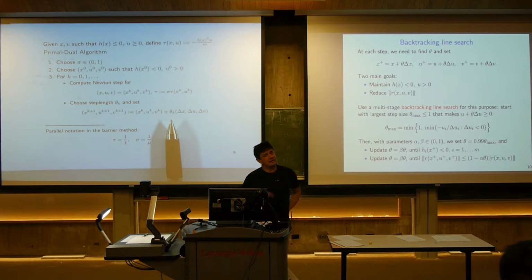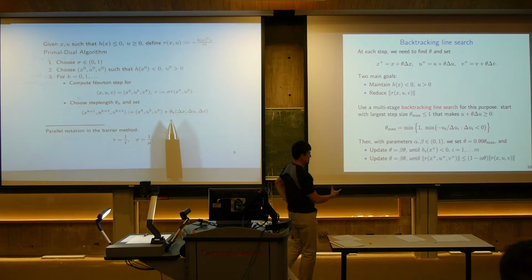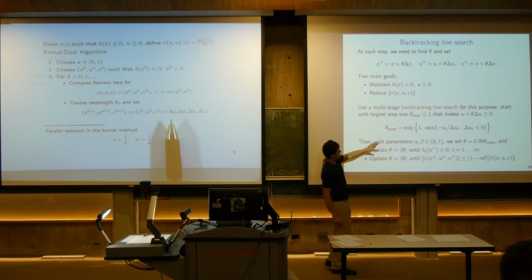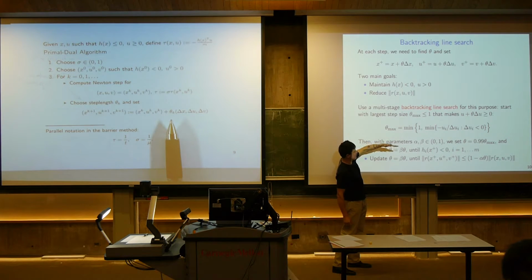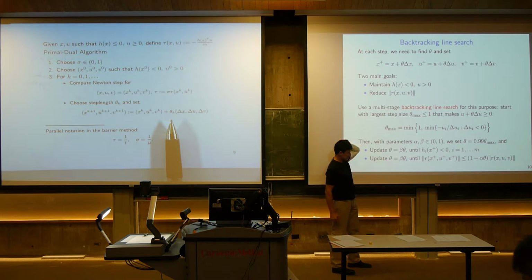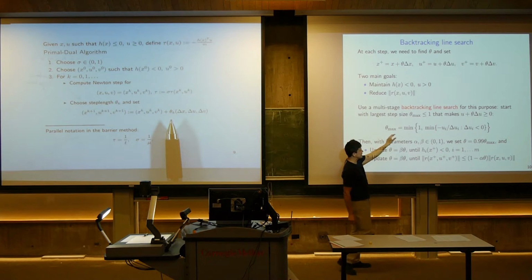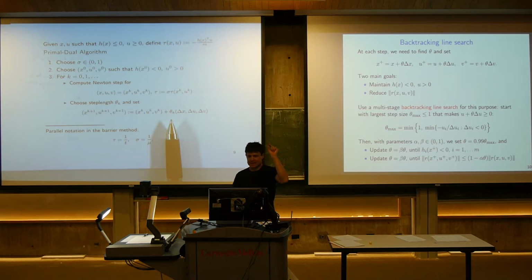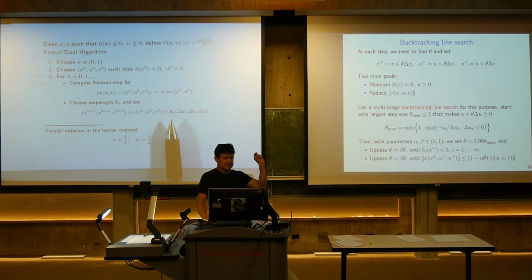One way to achieve both of these, and this is very much the way that essentially all implementations of interior point methods work, with some variations, is that we do this in some kind of multi-stage fashion. So we need to ensure the inequalities. The most straightforward is to ensure the inequality for u, because that only requires checking that, whenever delta u is negative, we don't take a step too large in that direction.